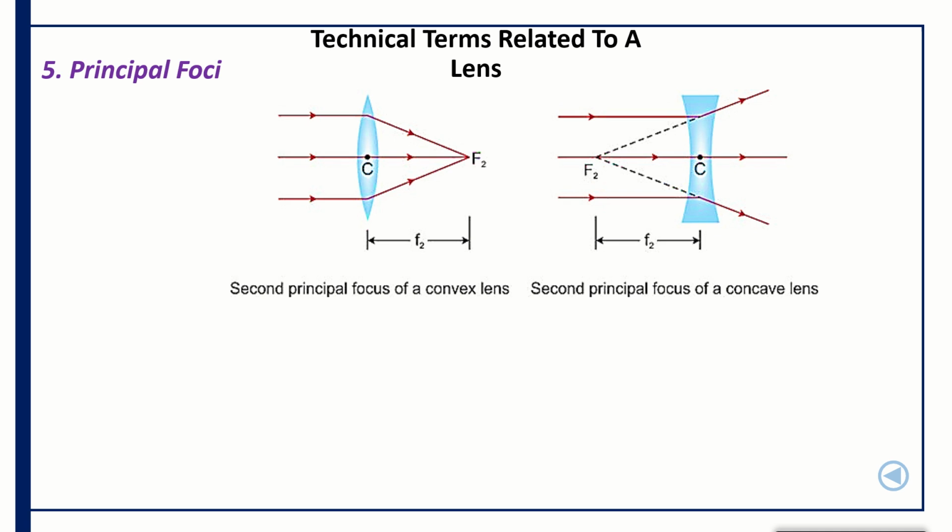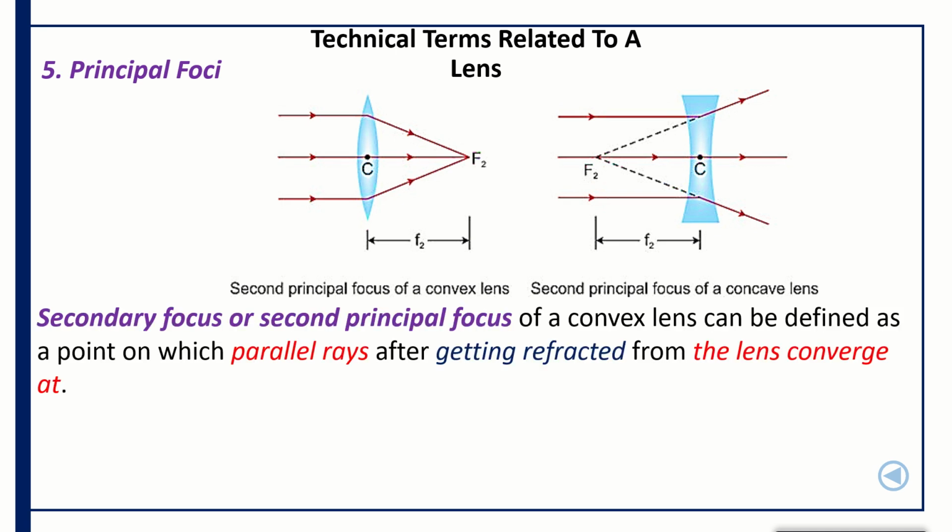That point is known as principal focus 2 or the second principal focus of a convex lens. So the second principal focus of a convex lens can be defined as a point at which parallel rays, after getting refracted from the lens, will converge at one point, and that point is the second principal focus.